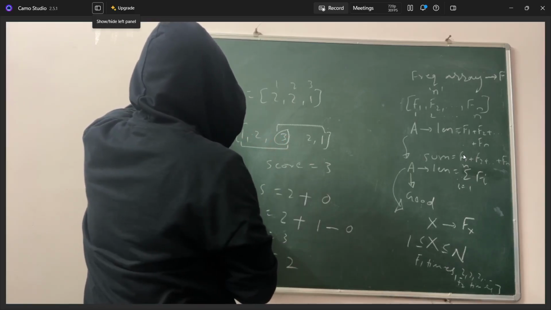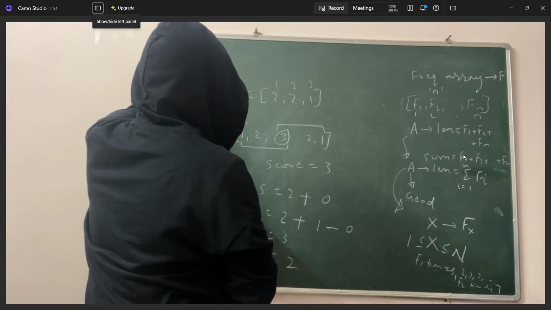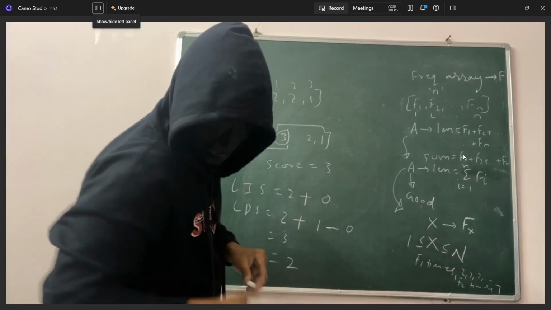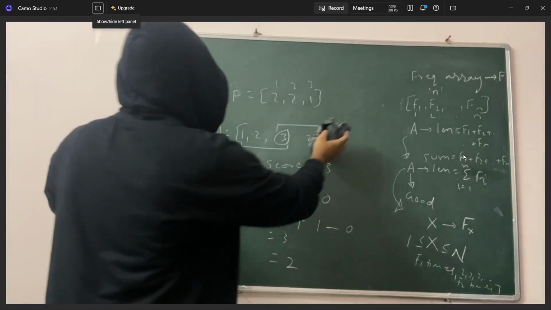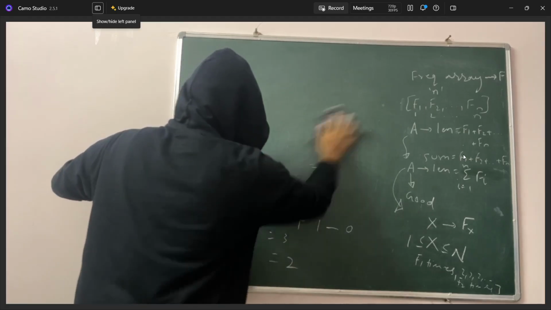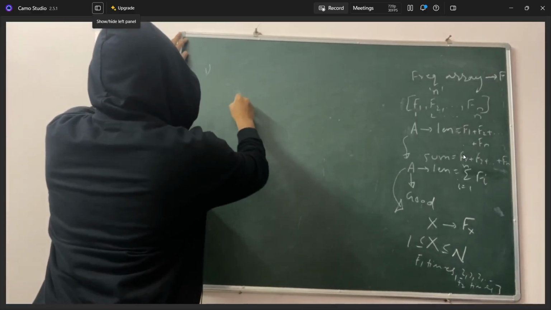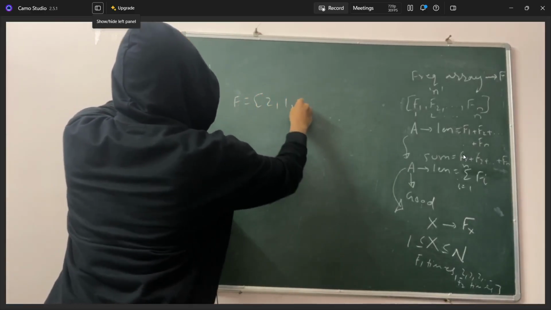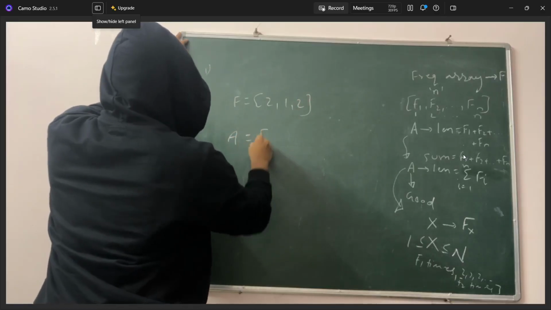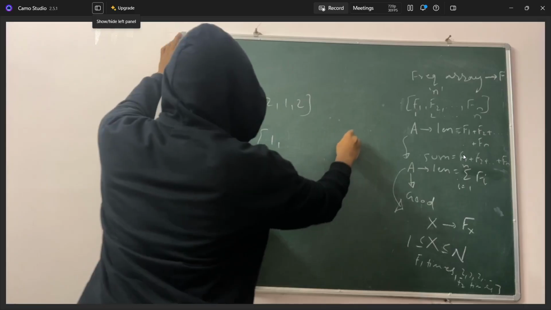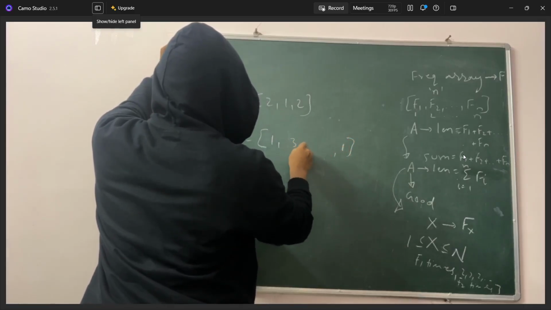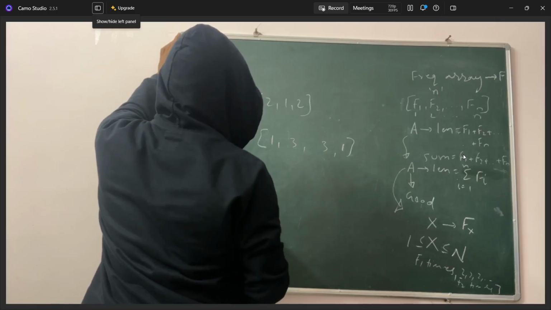So in a similar way there will be elements. Let's try to take the other example. Let's take frequency as 2 comma 1 comma 2. Now our array is going to be 1 comma 1 here, 3 comma 3 here, and then 2 we have only one time.